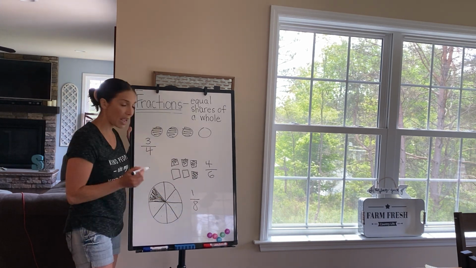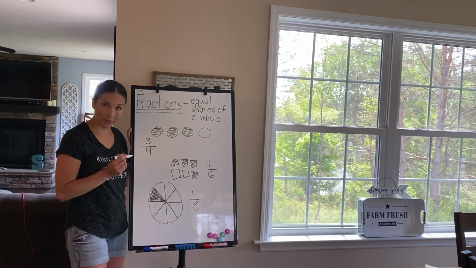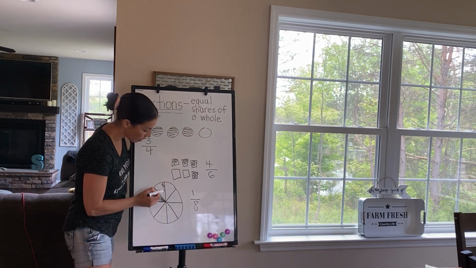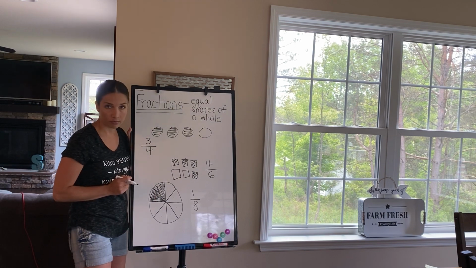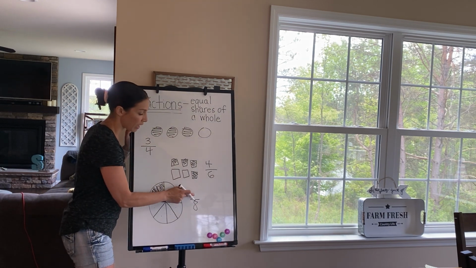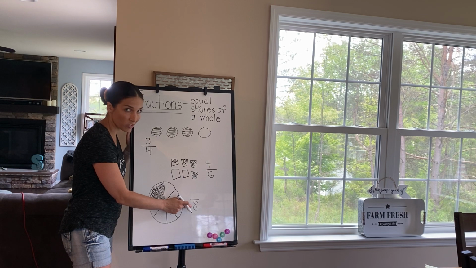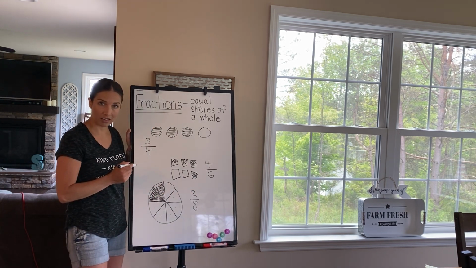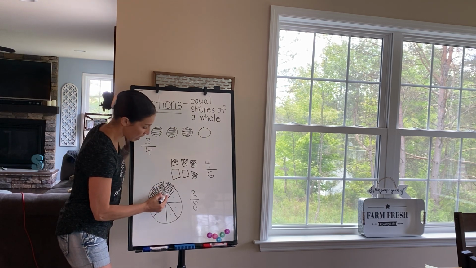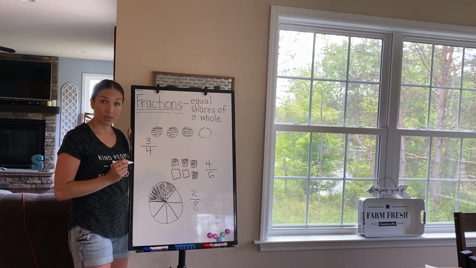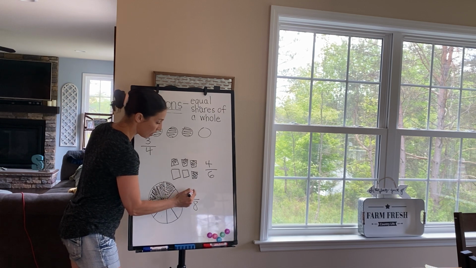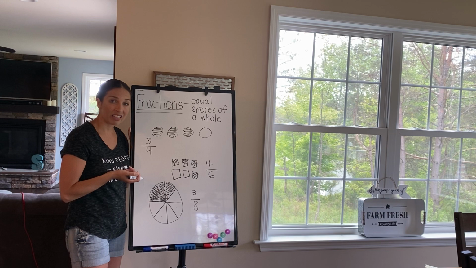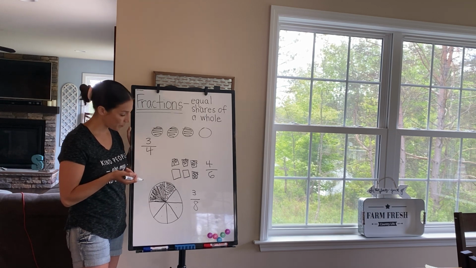So 1/8 is shaded, okay? Now I can keep going around and shade, right? How much is shaded now? Well, the only part that has to change is this one, because this doesn't change. Still have 8 pieces, right? So 2/8 are shaded. How many are shaded now? 3/8, right? 3/8. And we can go round and round until you get to 8/8, and that would be the whole thing, okay?